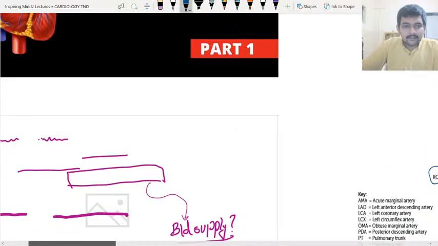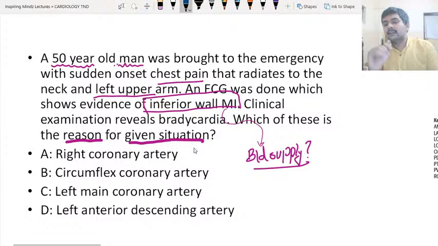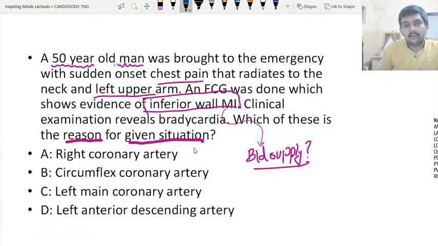Now coming back to this question, as we have already discussed, you should understand the inferior wall. What is the inferior wall?